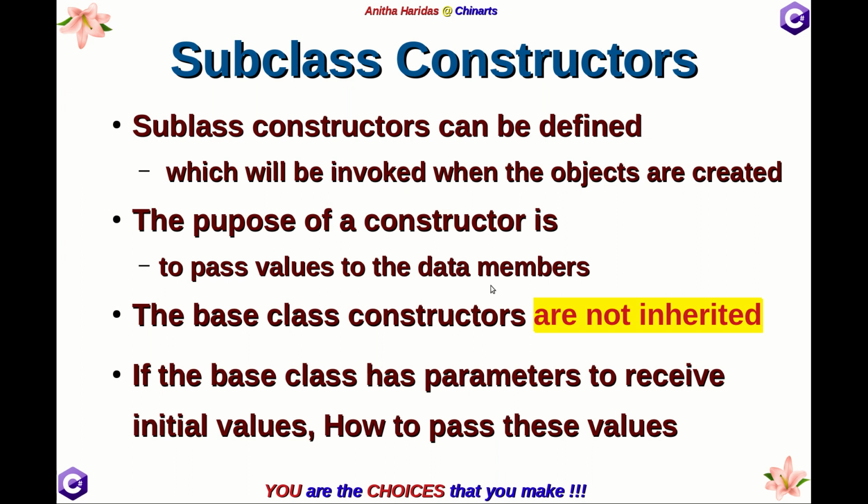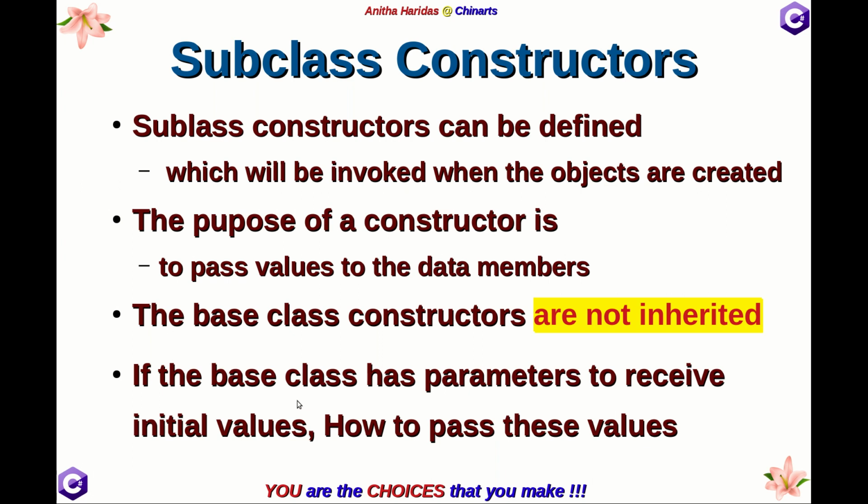So today we are going to talk about how the constructors can be defined for the base class as well as for the subclasses. If the purpose of the constructor is to pass values to the data members, and one important condition we know is that the base class constructors will not be inherited by the subclass, then how do you pass values to the base class constructor when you create an object of a derived class?